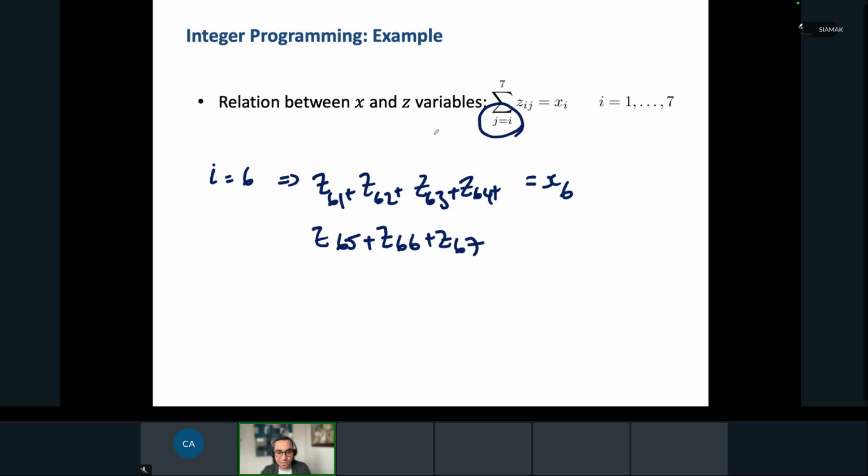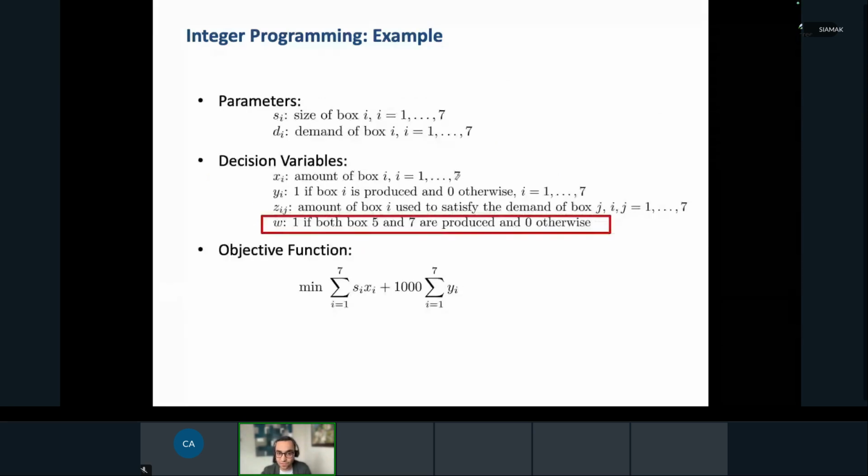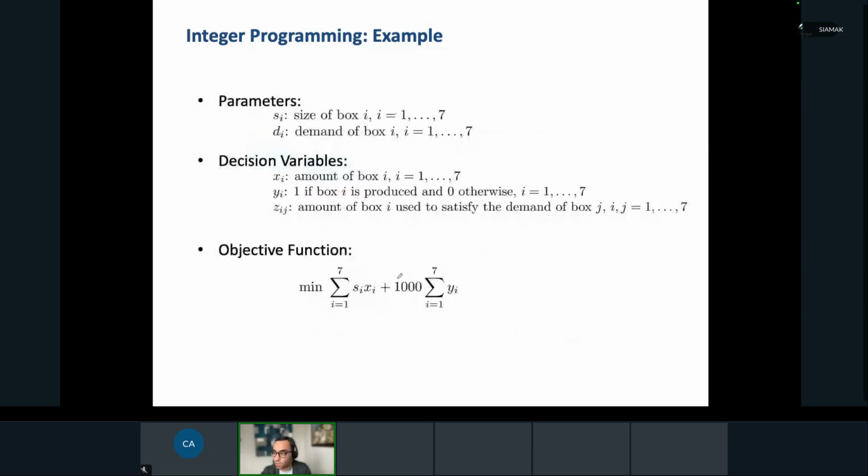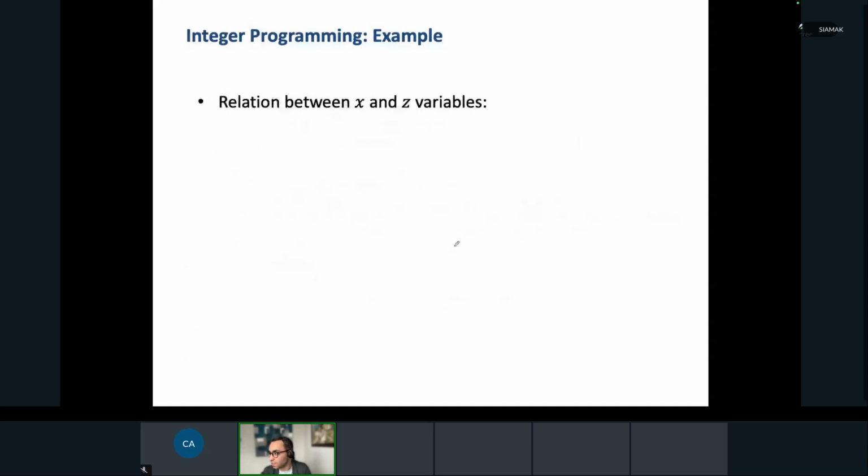This is what we would write if the company desired that the demand of a box may be satisfied by a larger box without restriction.